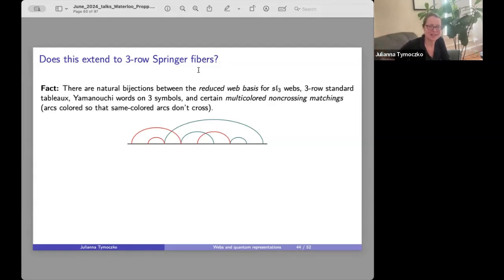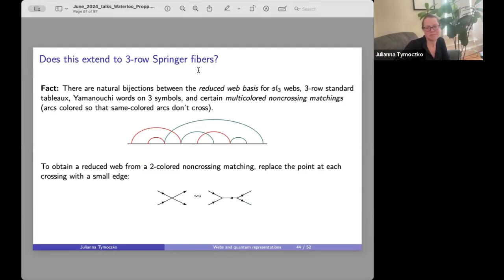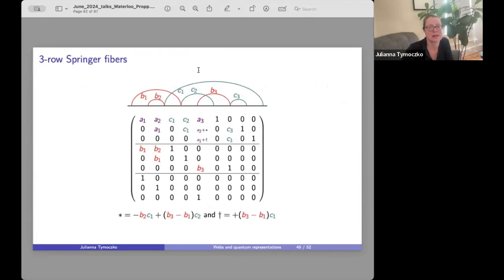So we would need multicolored non-crossing matchings, Yamanouchi words on three symbols, 1, 2, 3, and in fact, we would want to somehow combine these arcs. In order to keep staying inside of the correct dimension of the variety, we want to create just interior trivalent vertices, which we can do through this kind of resolution process on the bottom.